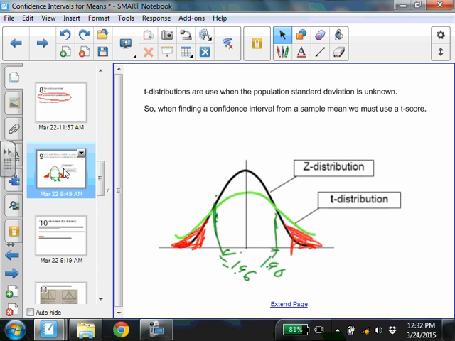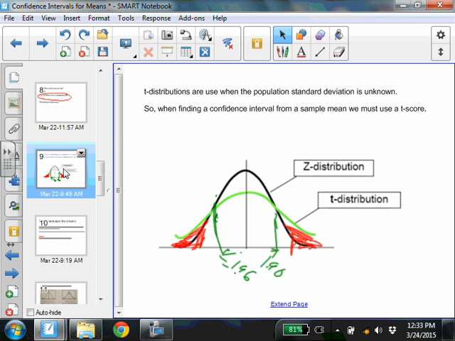Does that make sense? Since there's more uncertainty in how good not only our mean is, but also our standard deviation, now we better do what? If we want to be 95% confident, we better reach out a little bit further to make sure that we encompass everything we need to in that 95% confidence interval. So we're stretching the confidence interval because of all the stuff that we don't know. We don't know the real mean. We don't know the real standard deviation. So if we want to be that confident, we've got to go a little further.